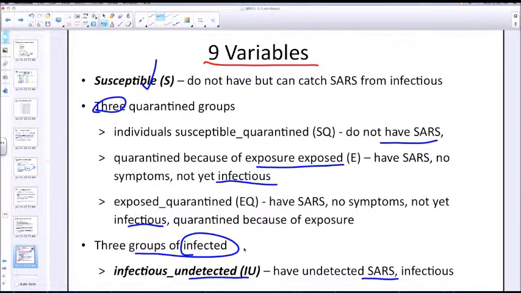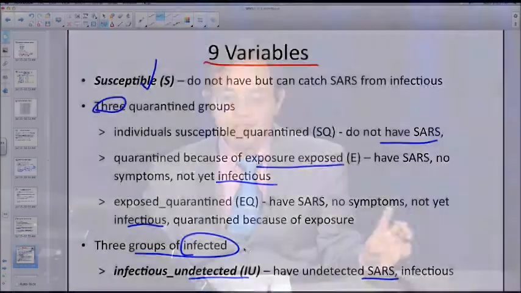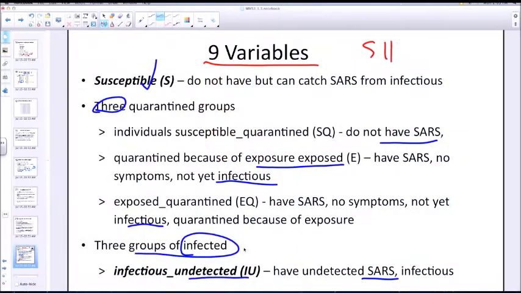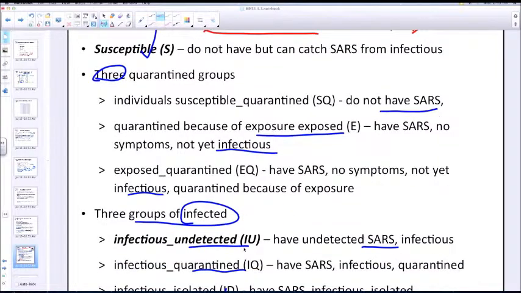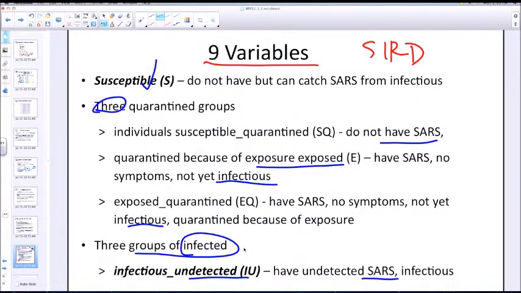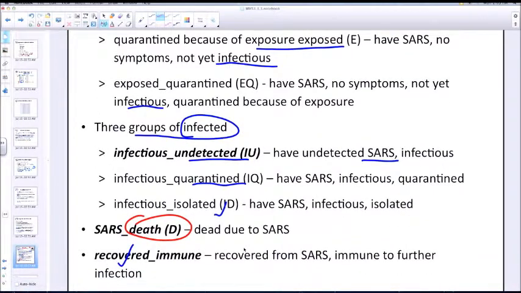But the basic idea still follows the SIR model, and then probably you call it SIRD, death. Because the quarantined people have no harm, just like inoculation. So S, this is the only group that could be infected.